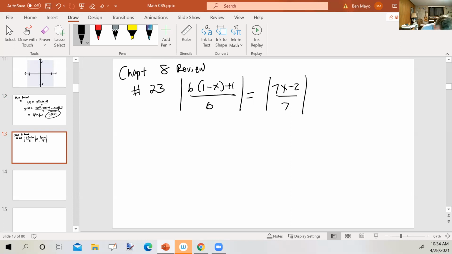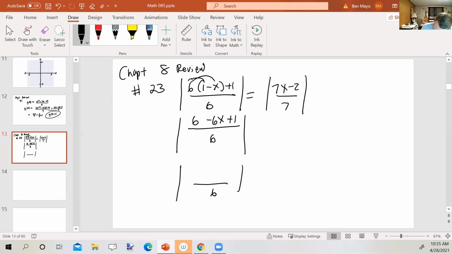So this is going to become 6 minus 6x plus 1. Combining like terms, we'd get negative 6x plus 7. All I've done is simplify inside the first set of absolute value bars.